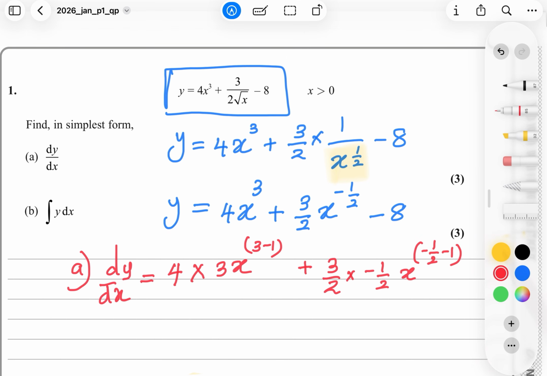And we know the negative 8 will give 0, so we need not write it.